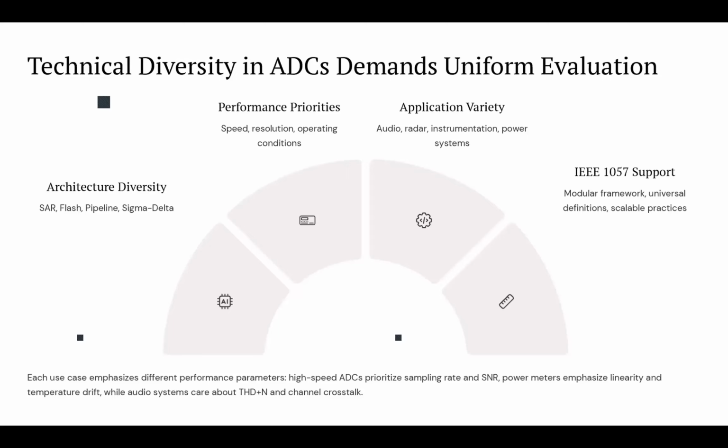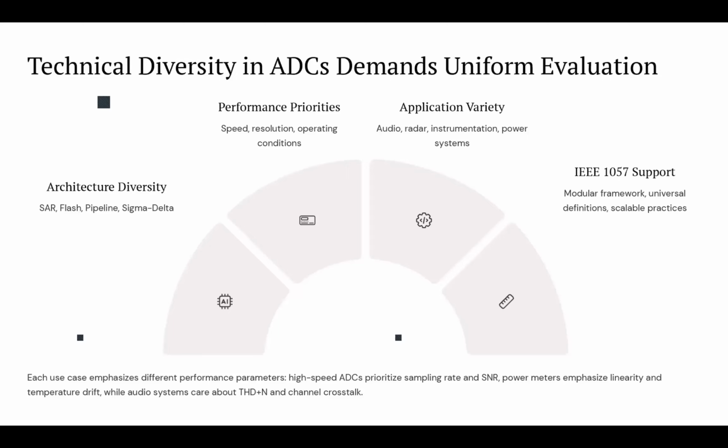The IEEE 1057 defines two categories of testing within the standard. One is static testing, another one is dynamic testing. Again, we are going to go through that in detail: what they are and what the parameters are for each of those categories.